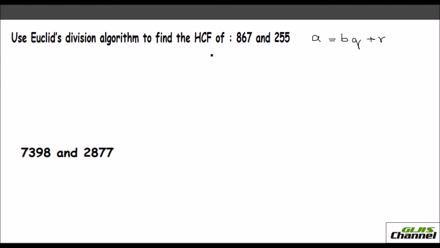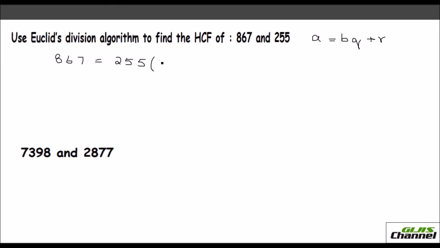Here in these two numbers, your bigger number is 867. So 867 is equal to the smaller number, which is 255, times q. For q, just see how many times it goes into 867.